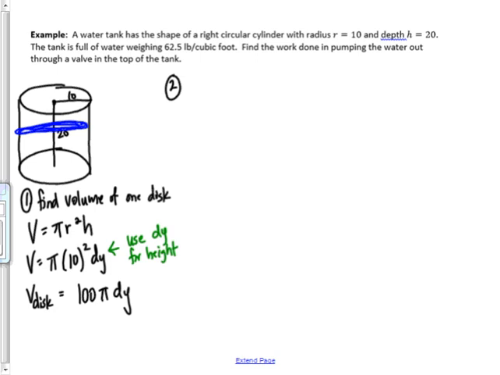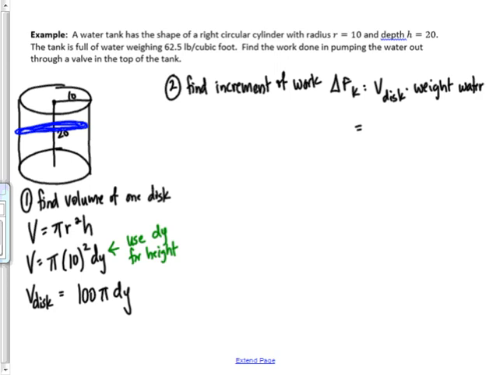I'm hoping I can fit it all on the screen. The second thing you need to do is find the increment of work, which is delta F sub k. That is the volume of the disc, which we just found, times the weight of the water.